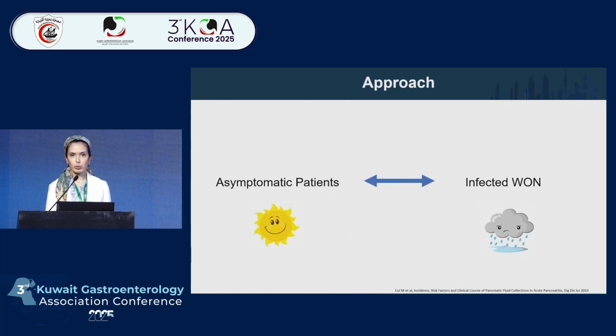So our approach to pancreatic fluid collections depends on the patient. There are two extremes of patients. We have completely asymptomatic patients who have fluid collections, and then we have the sicker and more morbid patients who have infected walled-off necrosis.